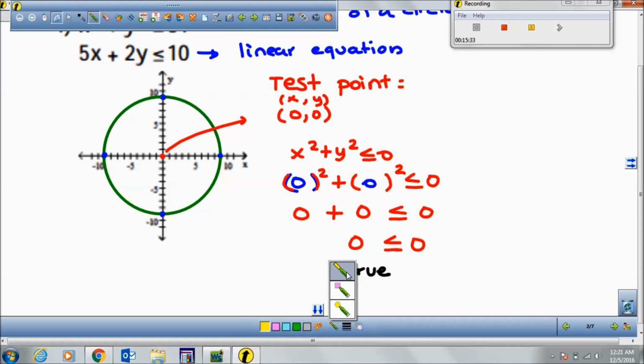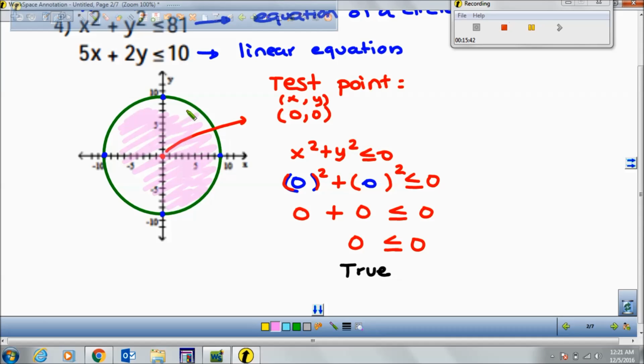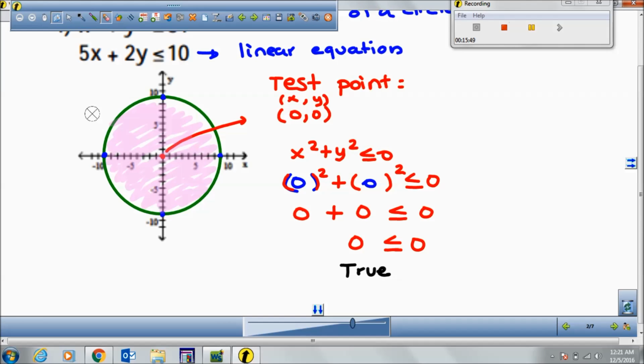Let me shade it in pink. So the solution supposedly for this inequality circle is shading all the area inside. I'm sorry about shading that part. So there. Everything inside is shaded.